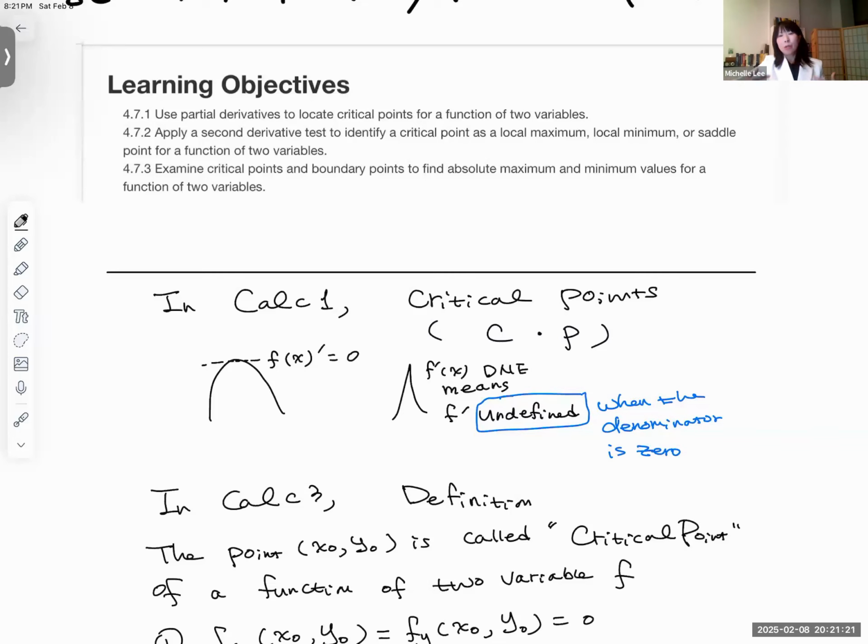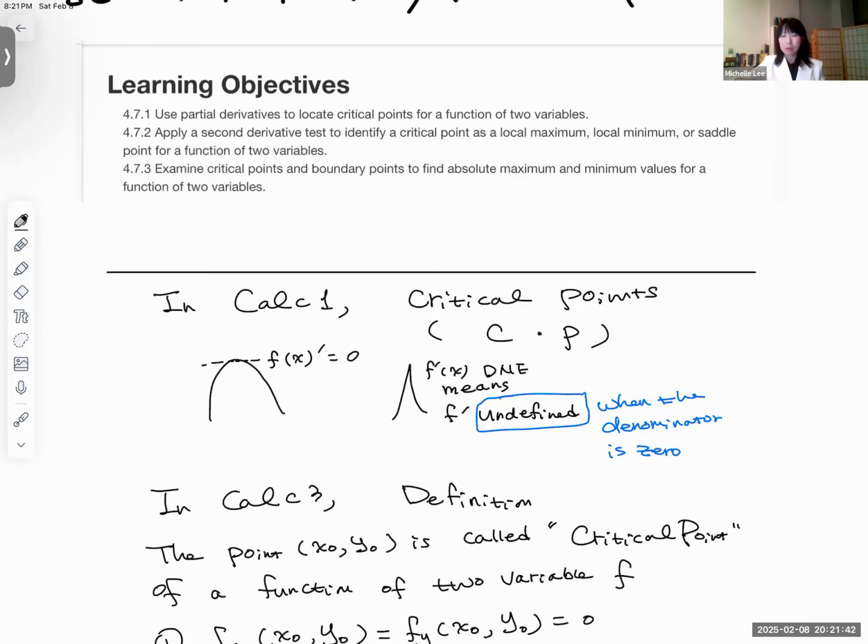Now, how do we do it in Calculus 3? Same, critical point, but we don't have a single derivative, right? We do partial derivative in x and partial derivative in y.